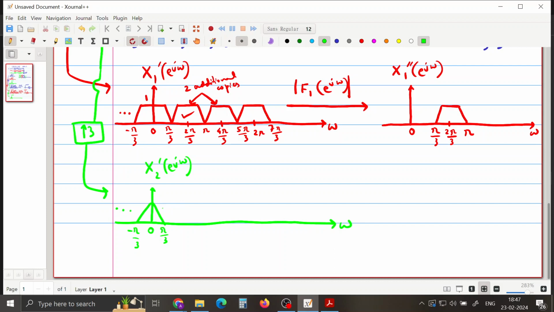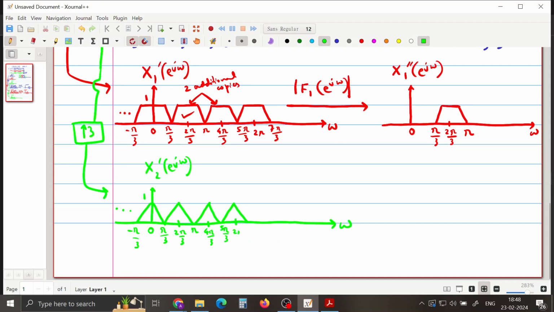So the amplitude remains the same at 1, and we will have the first extra copy. This is our first extra copy centered at 2 pi by 3. This is our second extra copy centered at 4 pi by 3, and finally it repeats at 2 pi.